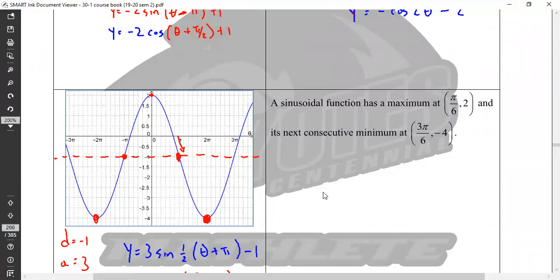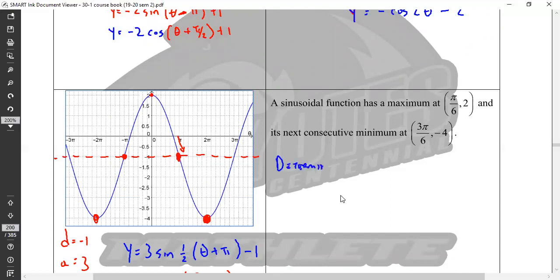The sinusoidal function has a maximum at pi over 6 comma 2. Its next consecutive minimum is at 3 pi over 6 comma negative 4. This isn't written here, but let's fill this in.